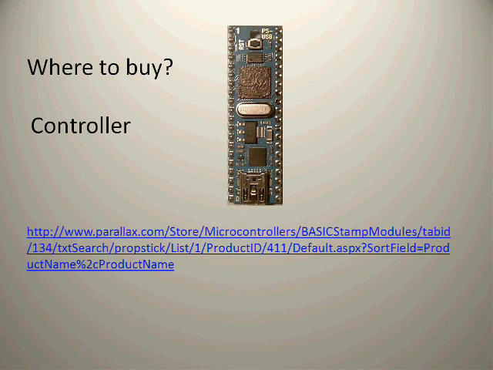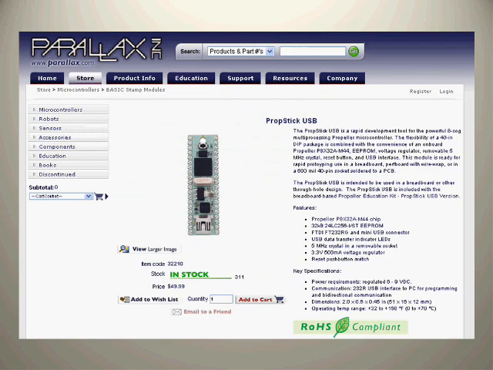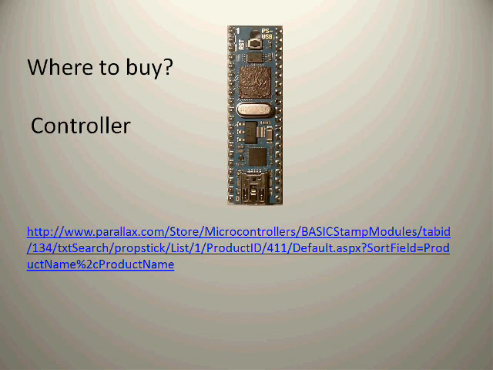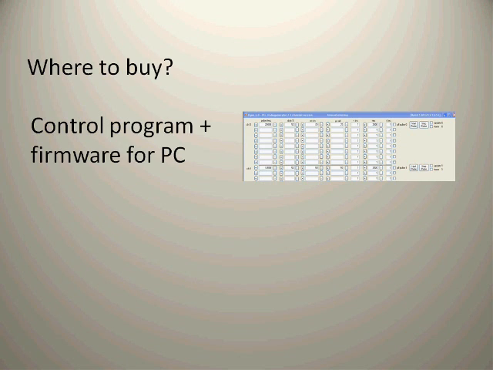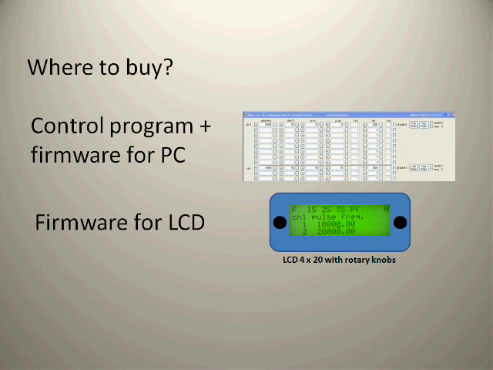The controller itself can be purchased at Parallax in their shop. Price for the controller there is $49.99. The control program for the pulse generator and the firmware for the personal computer, the Windows interface, or the firmware for the LCD can be purchased from Innovationsshop, the internet address sourceforinnovations.com.